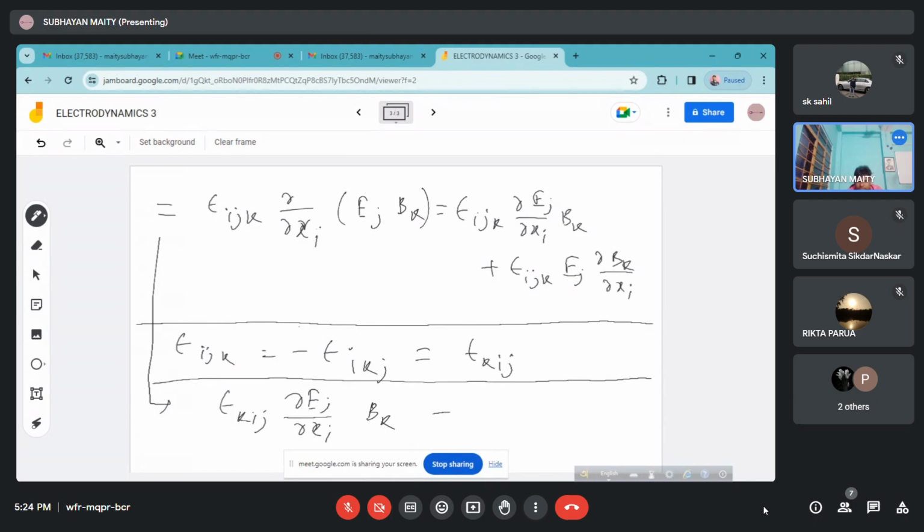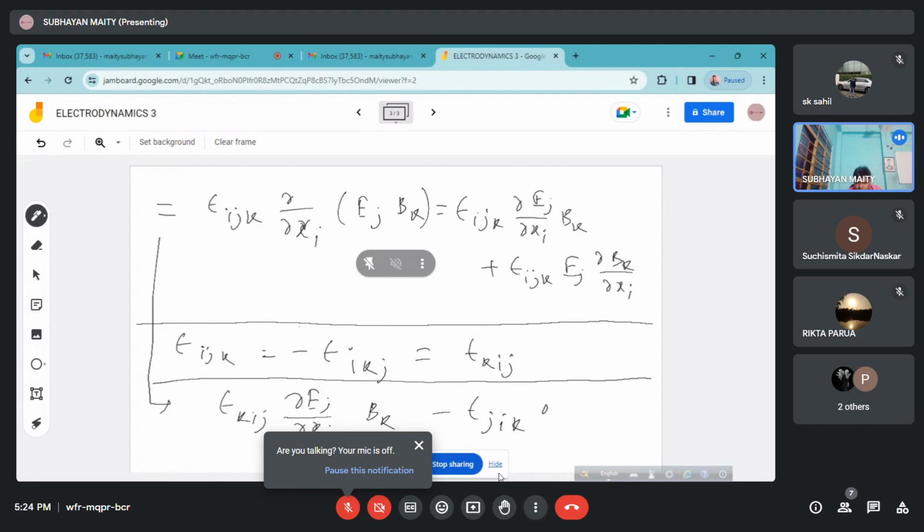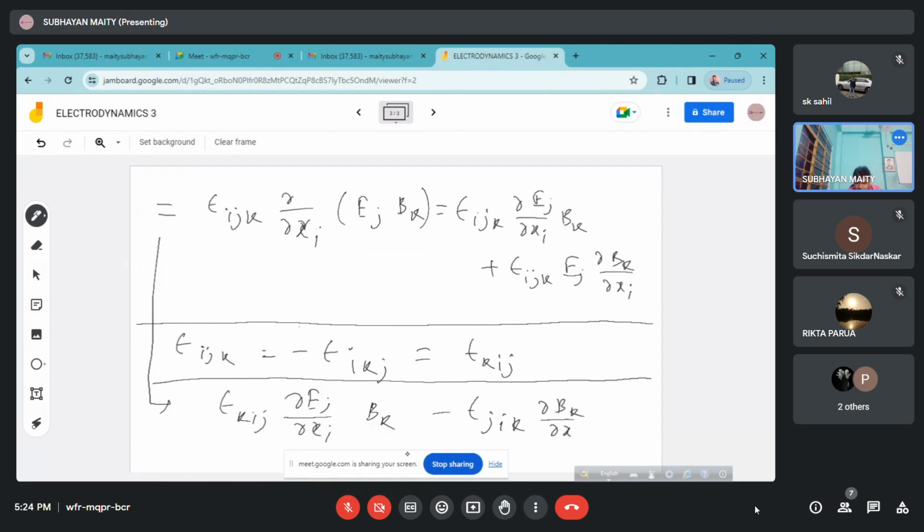And now the second term is equal to minus epsilon jik del Bk by del xi times Ej. Okay, now what is this? This is the kth component of curl E, and this is the jth component of curl B: epsilon jik del Bk by del xi.